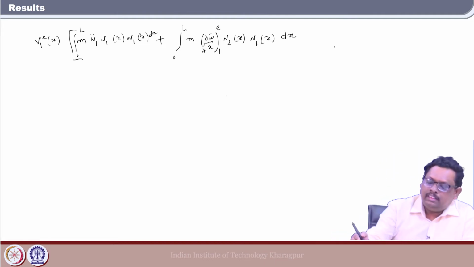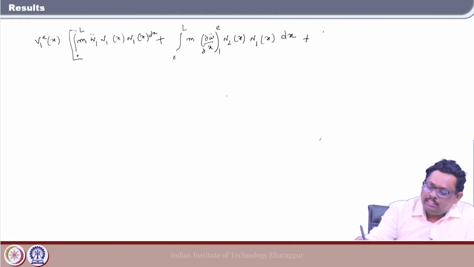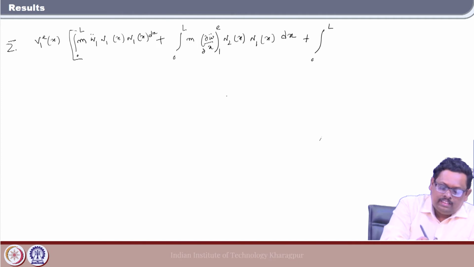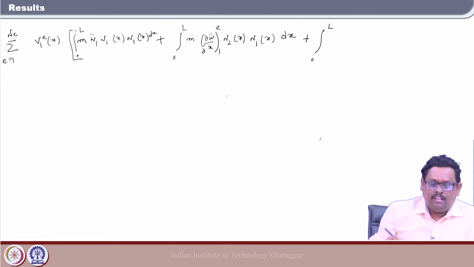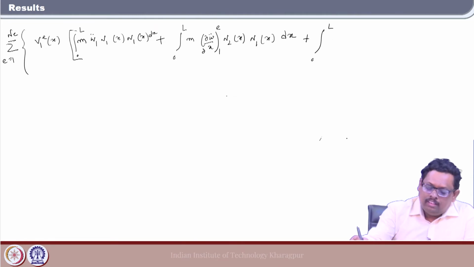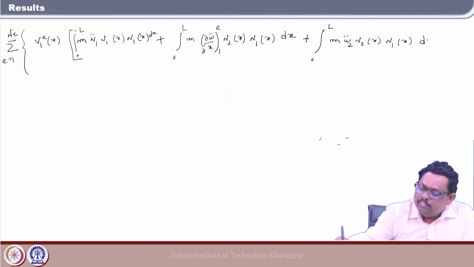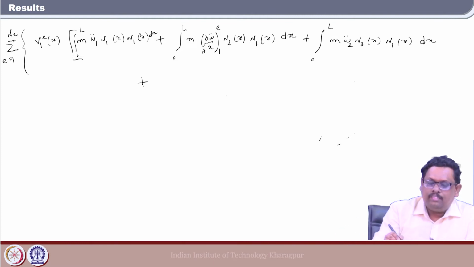So, here let me write again the third term, which is 0 to L, and remember of course, it has E equal to 1 to any, it is there, and then it is under this bracket. So, now again if I take V1 x common, next term will be m multiplied by the W2 double dot into N3 x and again multiply by N1 x into dx.